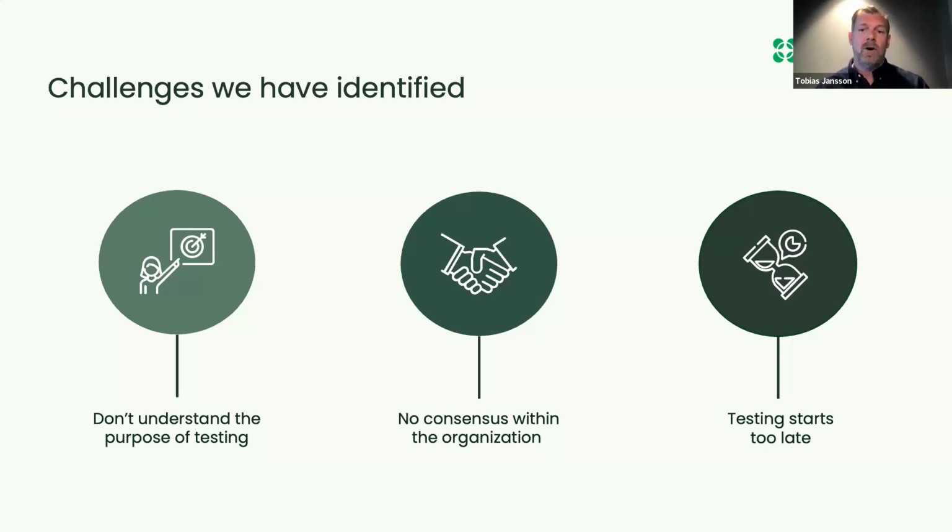Now, there are some consequences of starting too late as well, of course. It could be a strain on the organization to gather the required resources to get to the tool and use it to test. The consequence could be that you don't have time to test everything that needs to be tested. You might have to postpone a go live because you're not done with your testing.